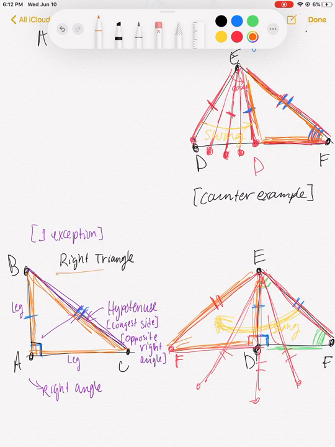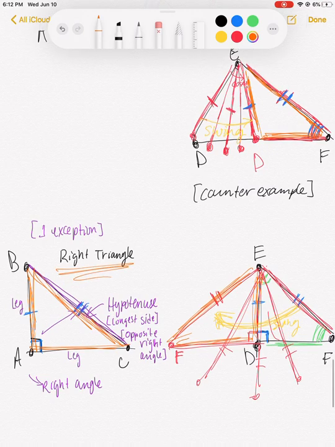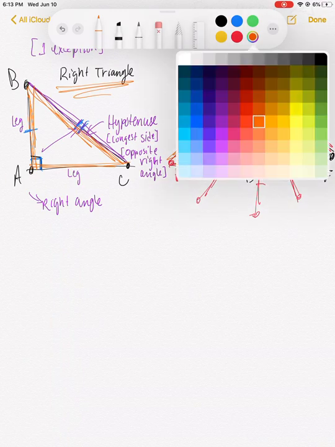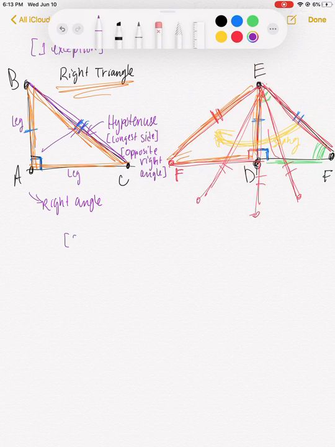Okay, so right triangle is the key on this one. And we call this special case of side-side-angle, we'll name it right after the right triangle idea.